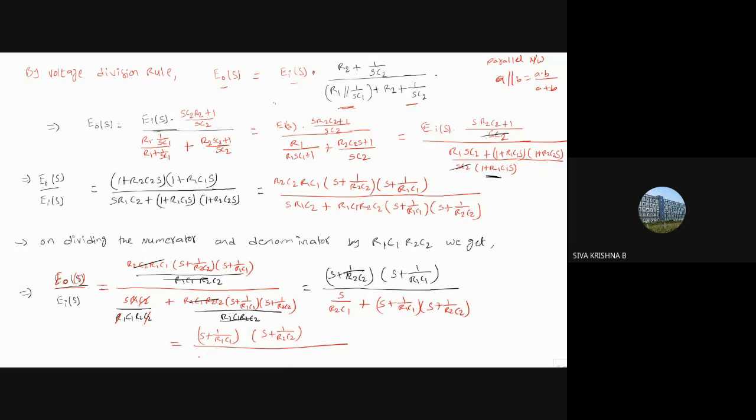If you multiply S square plus S into, if you take S common here and here, all the left terms, do this yourself later. Plus 1 by the multiplication of this and this. So this is the term. Assume this is equation number 1.